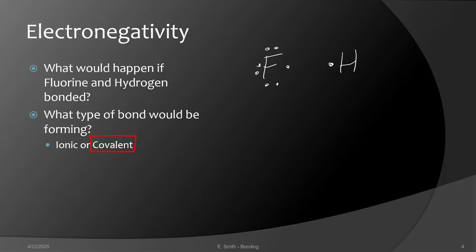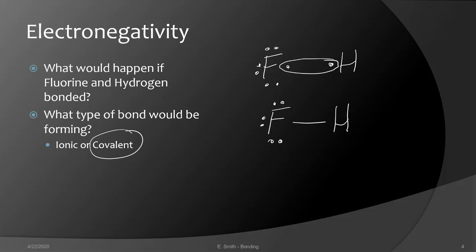And I'm hoping that all of you are saying covalent. The reason it's covalent is because we have two nonmetals. Their electronegativities are relatively close to each other, but here's the key, not exactly the same. So again, we will share electrons, and we will have fluorine with its lone pairs of electrons and a bond to the hydrogen.